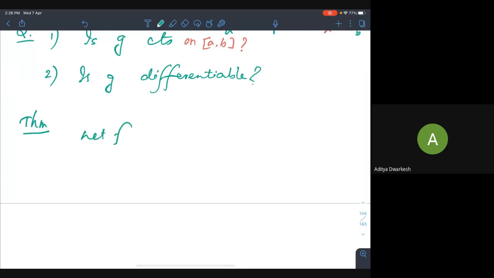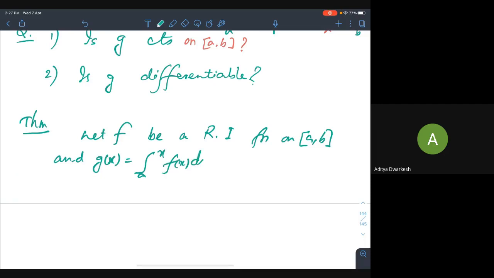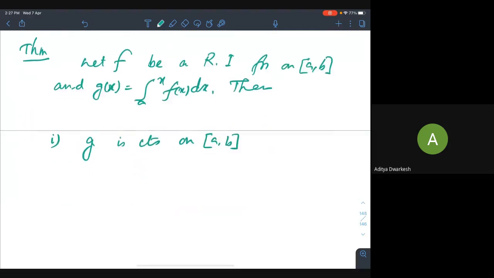Let f be a Riemann integrable function on [a,b] and g(x) the integral from a to x of f(x) dx. Then 1. g is continuous on [a,b]. 2.